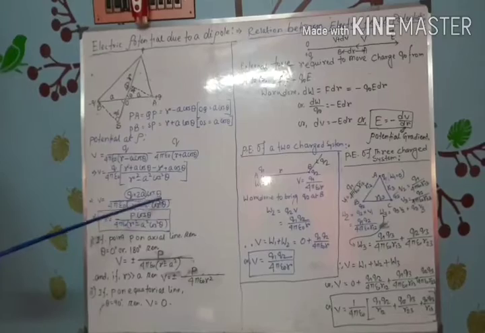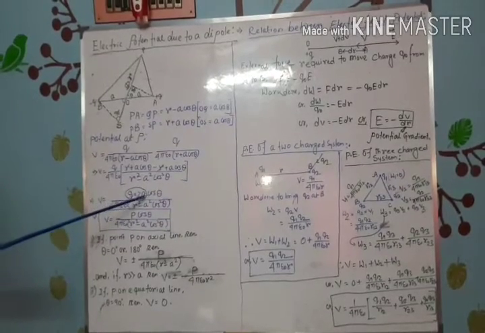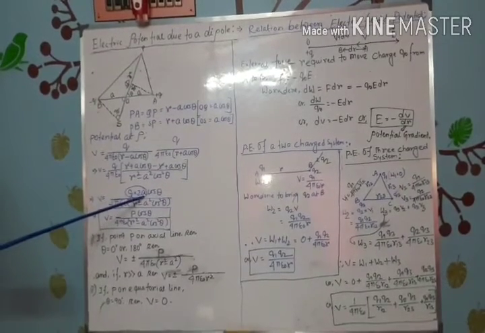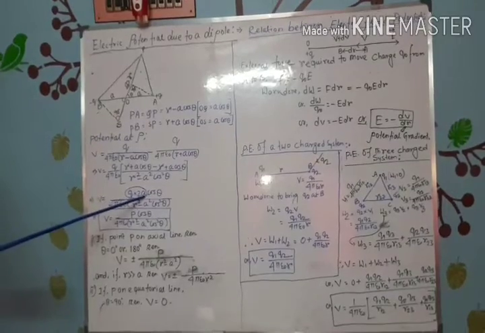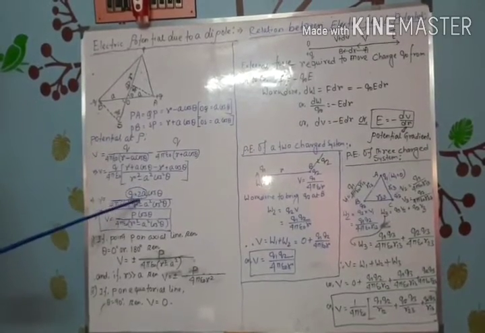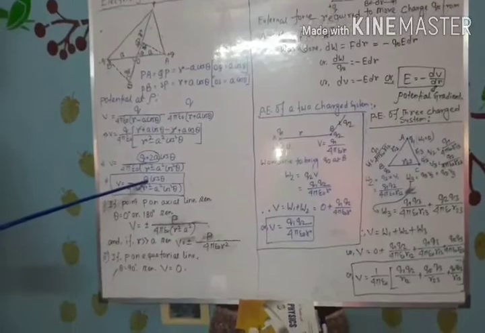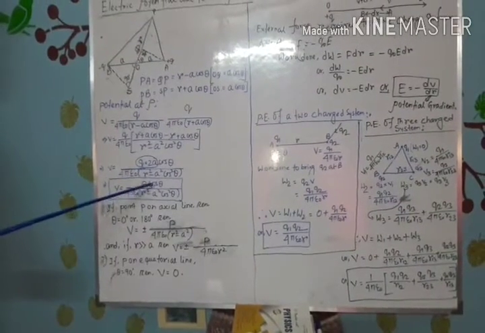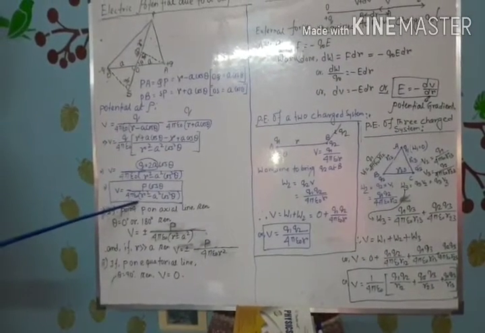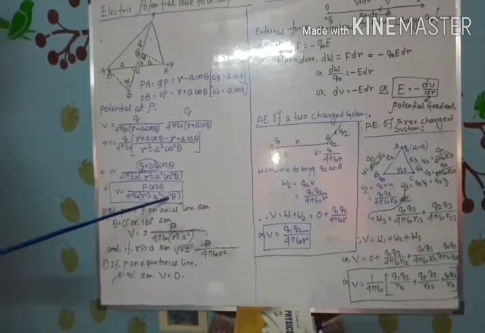Now from our previous concept, q into 2a, charge into separation distance, is known as the dipole moment. So in place of q into 2a, we can write p, therefore p cos theta by 4 pi epsilon naught (r square minus a square cos square theta).